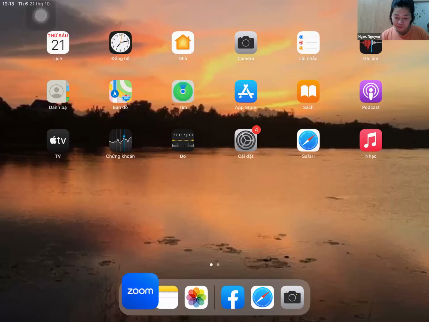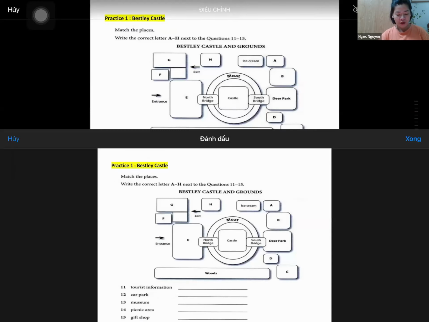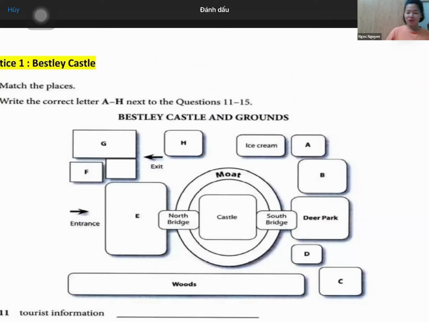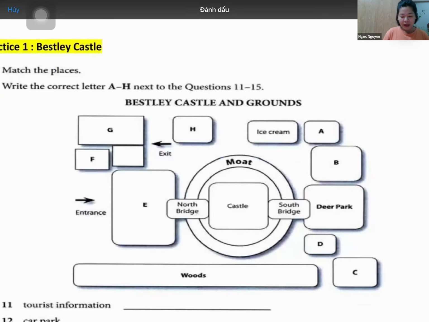This is a map of Bexley Castle and grounds, the areas around this castle. And here you will see that there are different letters, like letter A here and letter C, B, D, and E here. Now, you see different letters marked on this map, but the information in the recording will not necessarily follow the letters.